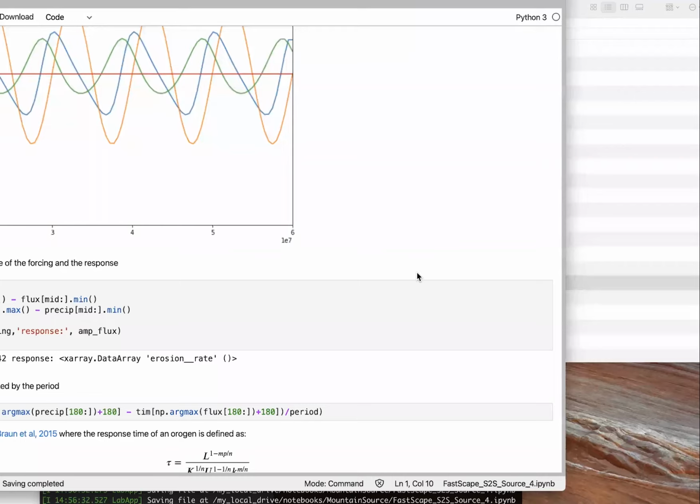It's the time it takes for it to actually react by shape in precipitation. And to estimate that, a good way we could do it with the model, we just run a model with stepwise precipitation. And we should see how long it takes for the mountain to either go from low to high topography or high to low topography.